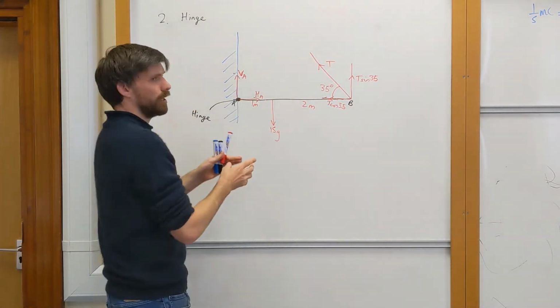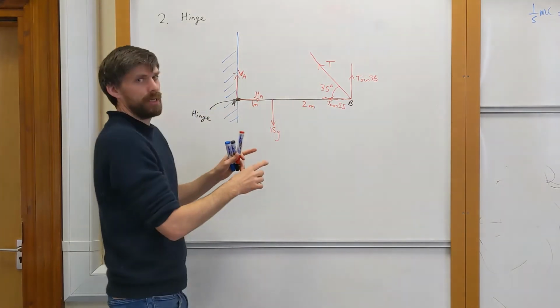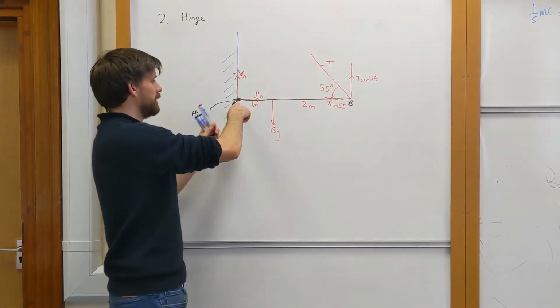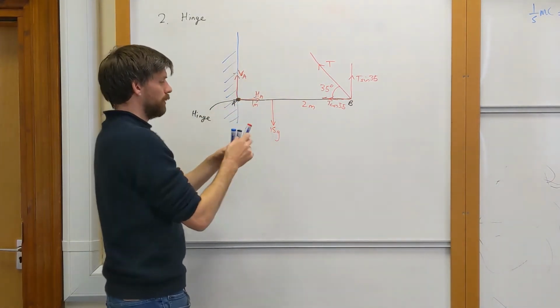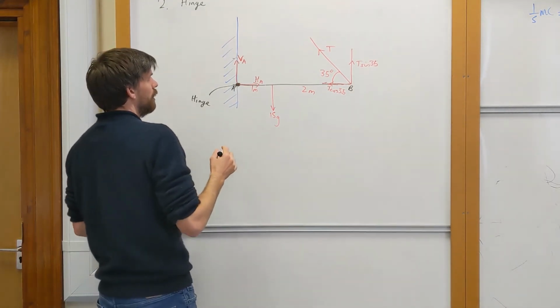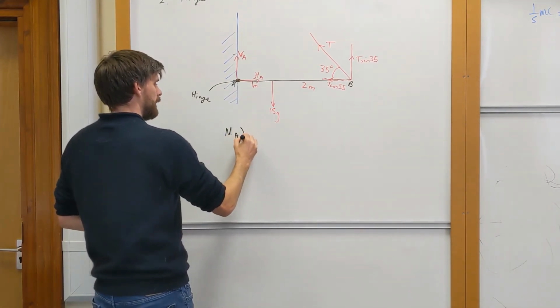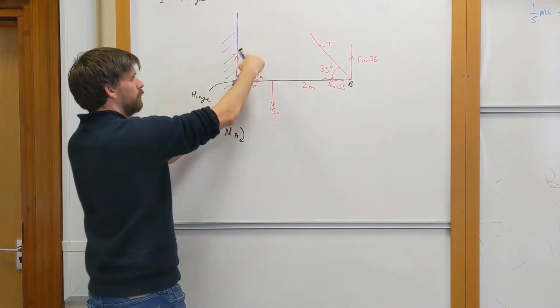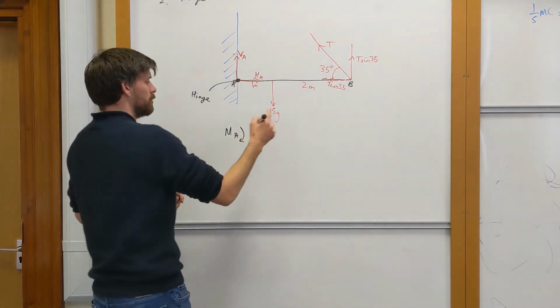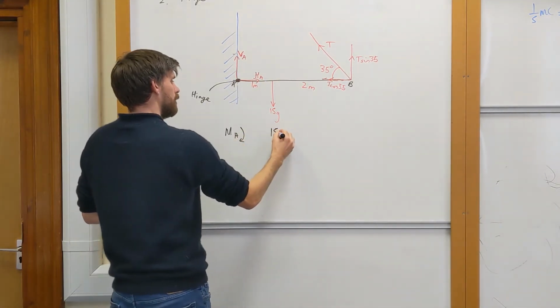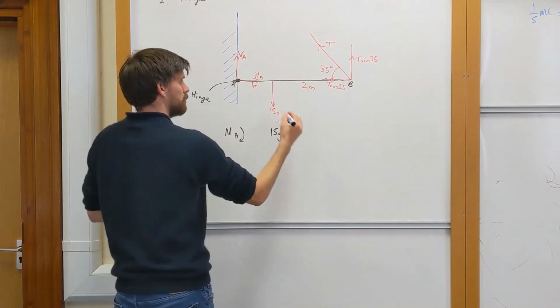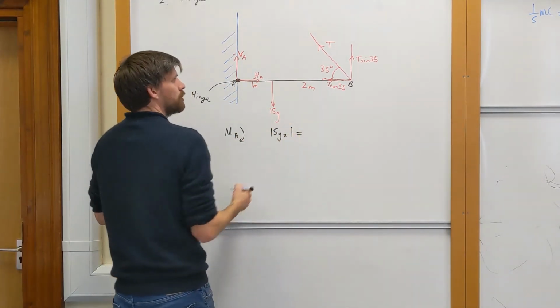Well, if I look at this diagram, I can take moments about any point on the beam. Obviously the logical place is to take moments at A, because those two forces won't appear. So take moments about A: 15g times its distance 1 there has got to be equal to the force.